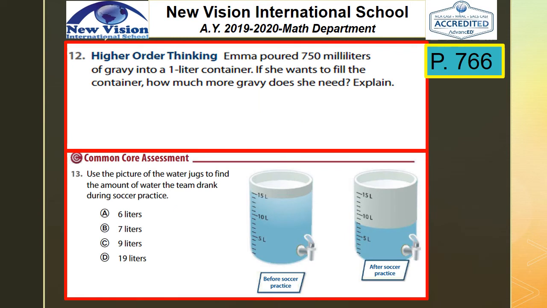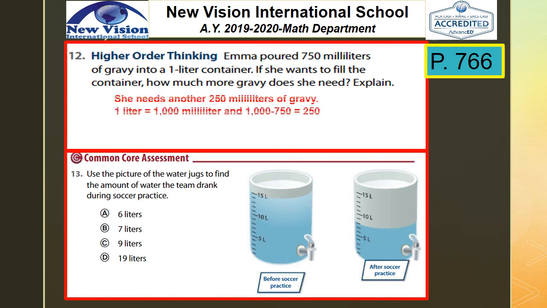Emma poured 750 milliliters of gravy into a 1-liter container. If she wants to fill the container, how much more gravy does she need? What's your answer? Okay, she needs another 250 milliliters of gravy.